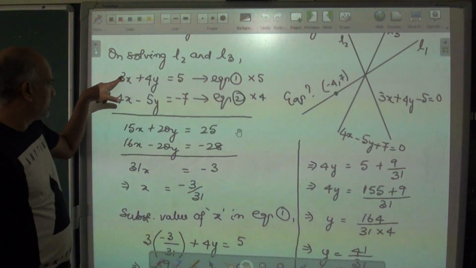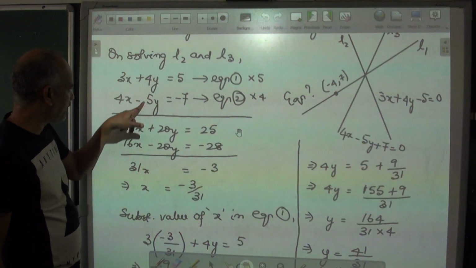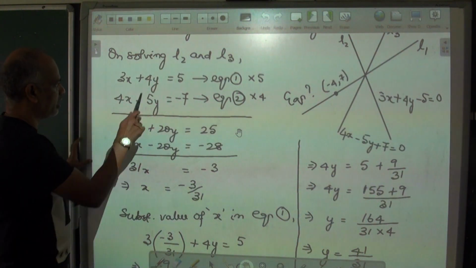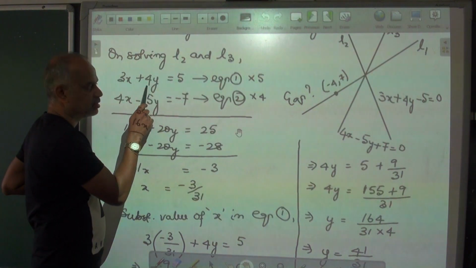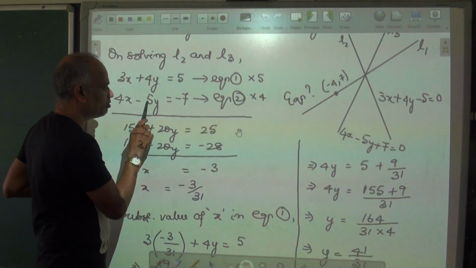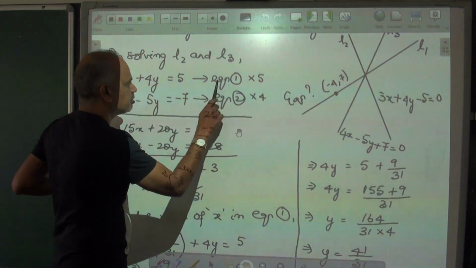Now the coefficients of x are not equal, and neither are those of y. I'll make them equal. The LCM of 4 and 5 is 20, so the first equation has to be multiplied by 5, and the second equation has to be multiplied by 4.